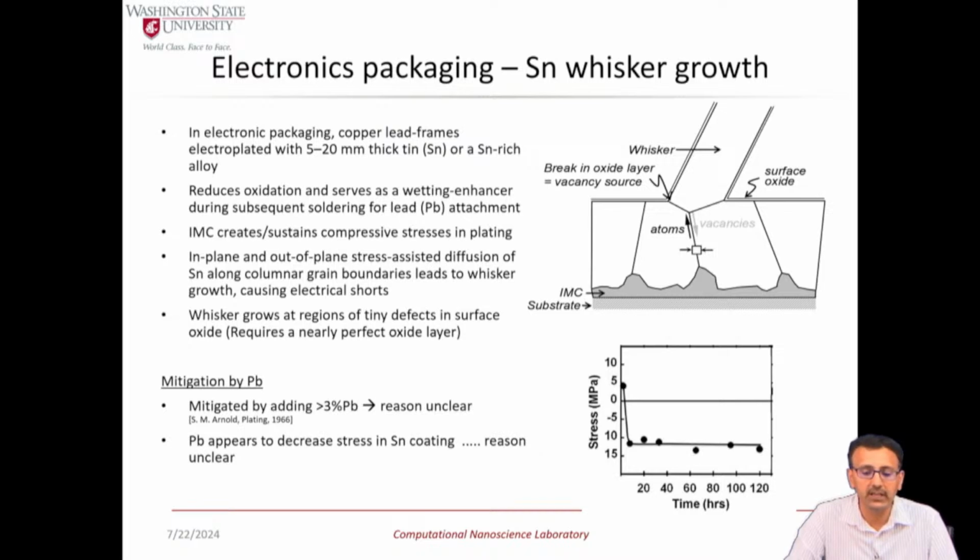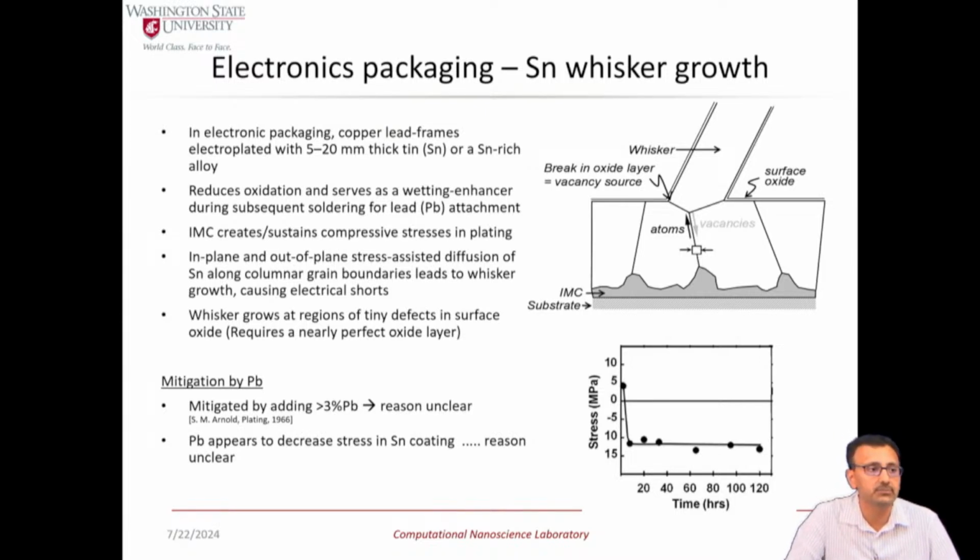So whisker growth has been a challenge, particularly in electronics packaging, because this can lead to shorting, which is big trouble, right? So the idea is how can we reduce or completely eliminate whisker growth from these surface defect regions. So to understand that, first, what has the industry done over the years?